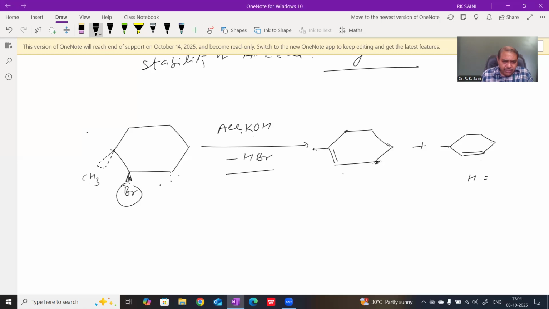But the hydrogen with respect to Br on that carbon atom is in syn position. Therefore, it cannot be eliminated, and hence it gives only a single product. This is the E2 mechanism. For a secondary substrate, check that the leaving group and the beta carbon containing hydrogen are anti to each other. Then elimination takes place.